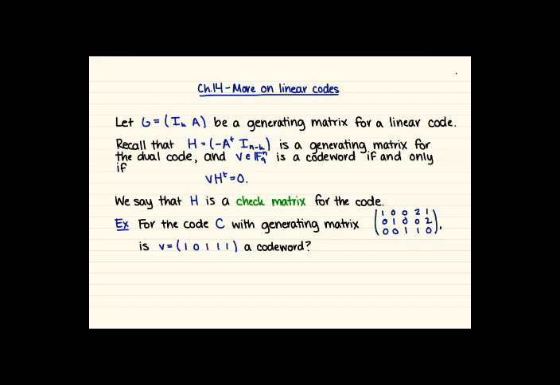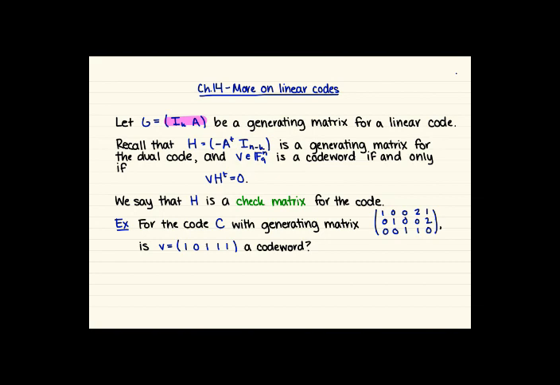So let G have this form, where it's the K by K identity matrix, and then there's also another matrix A beside it. We saw this on Friday. Let this be a generating matrix for a linear code. Then we found that H equals minus A transpose, I_{n-k} is a generating matrix for the dual code.